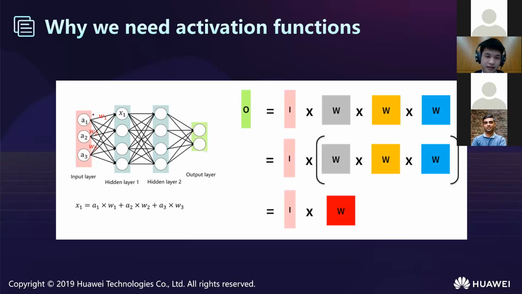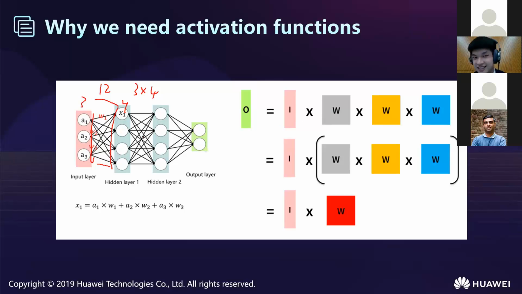And the weights in this layer we can represent with one matrix. For example, there are 12 weights, 3 by 4. The number of neurons in this layer is 3 and in this layer is 4, so there are 12 weights.